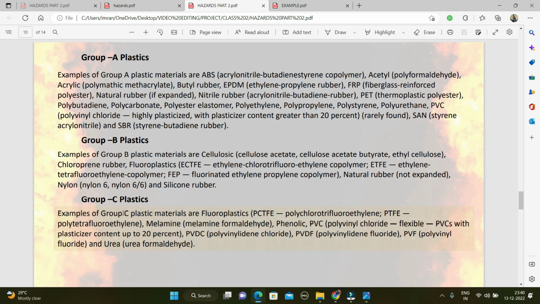And group C plastic materials are fluoroplastic, flexible, or melamine, or urea formaldehyde. All this type of material comes under group A plastic, this type comes under group B plastic, and all this type comes under group C plastic.